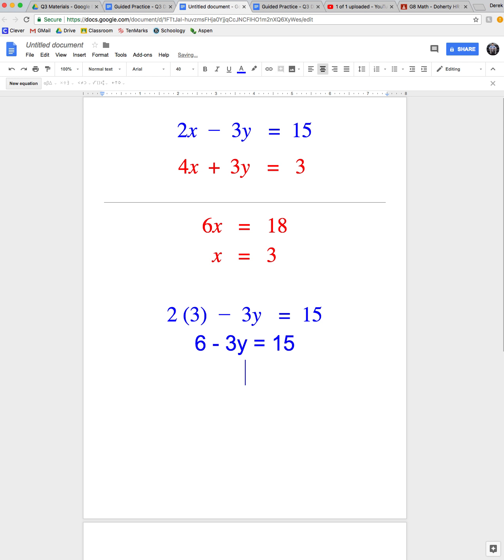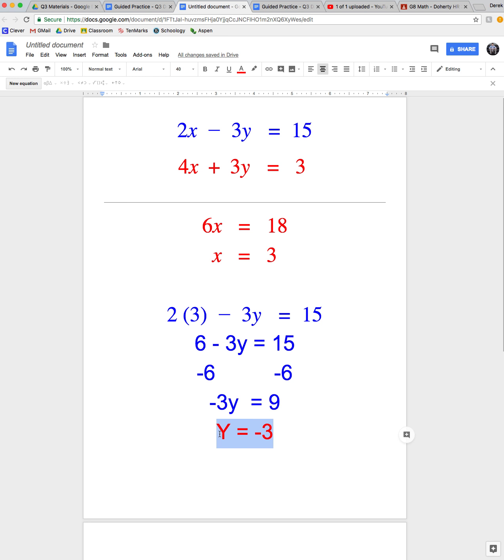And at that point, I would subtract 6 from both sides, which would provide us with negative 3y, which is equal to 15 minus 6, or 9. I could divide both sides by negative 3 and realize that y must equal negative 3 here, then x equals 3.